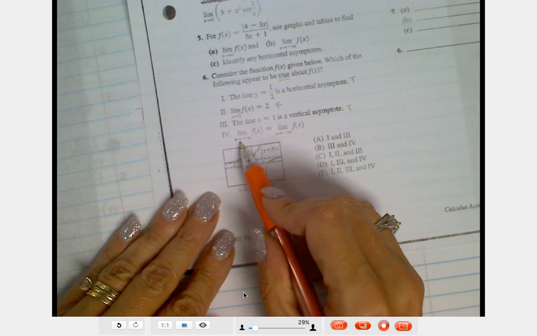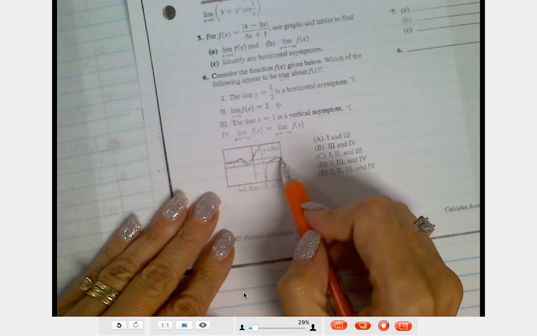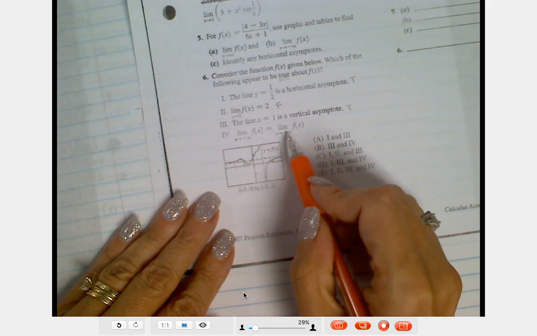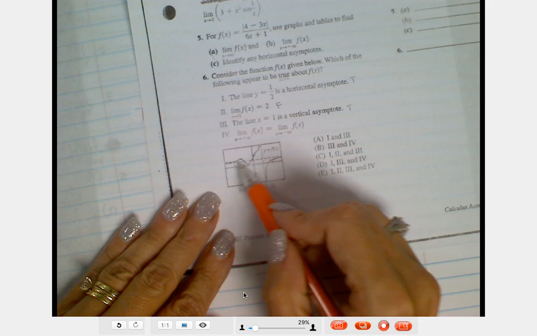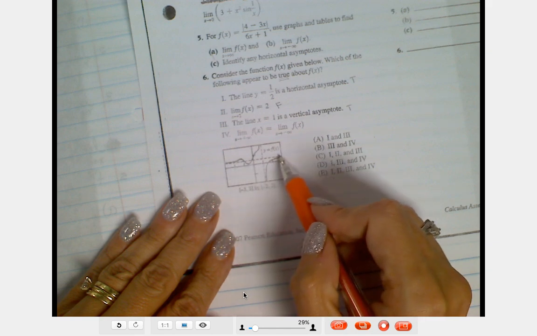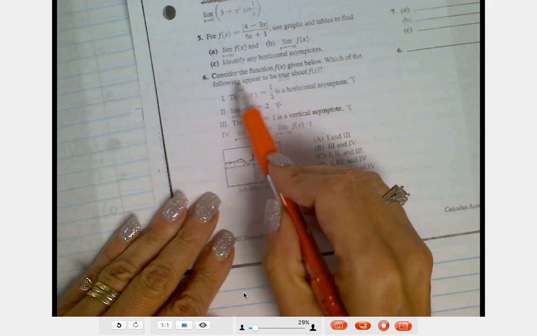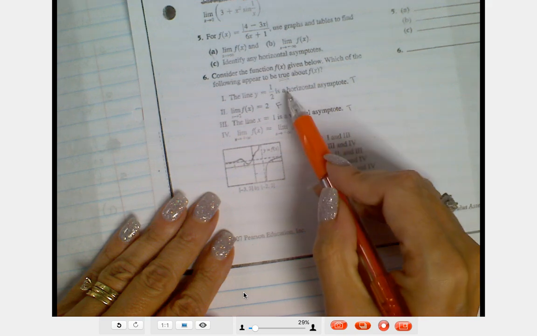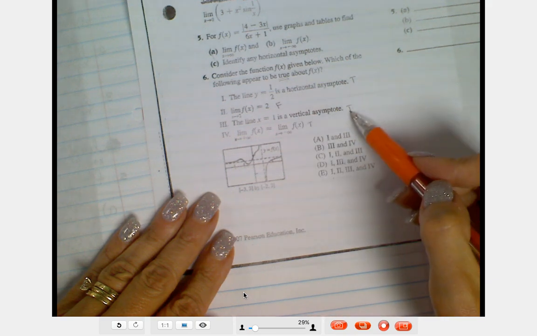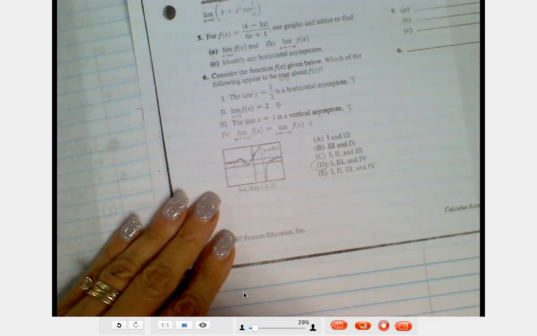The limit as x is going to positive infinity is equal to the limit as x is going to negative infinity. Yes, they're both approaching that y equals 1/2. So that's true. Which of the following appears to be true? Don't think about the false, but the true. So 1, 3, and 4. So your answer is D on that one.